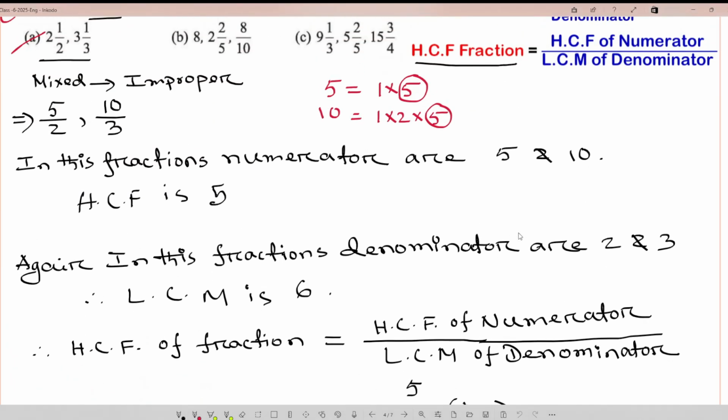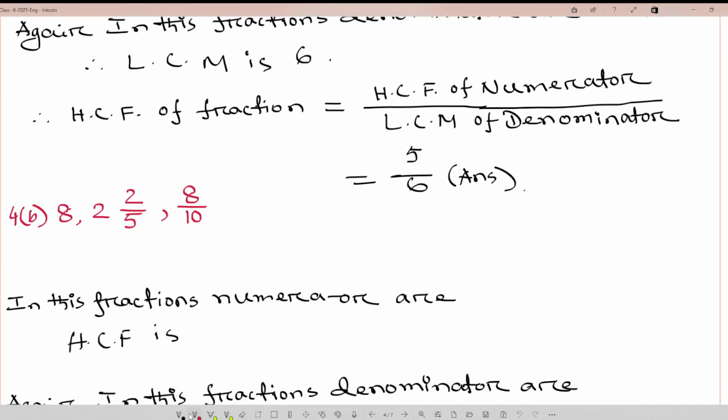Now look, everything will be unchanged. Here the fractions are 8, 2 2 by 5, and 8 by 10. First, in these fractions, what are the numerators? 8.